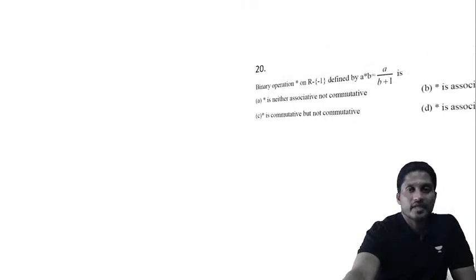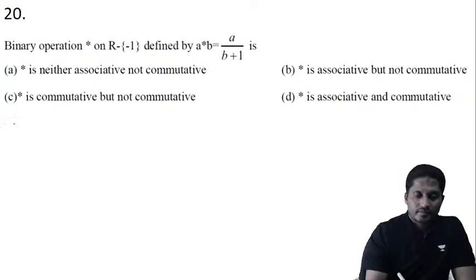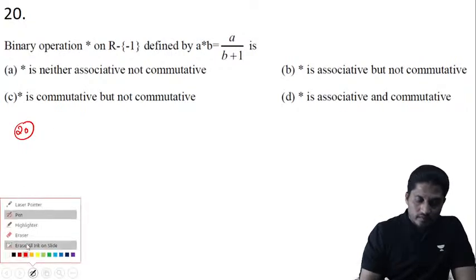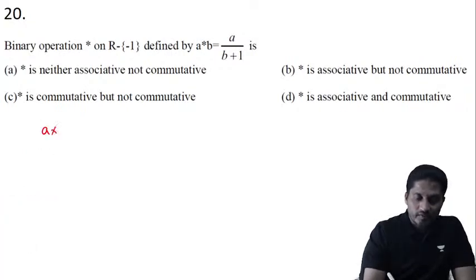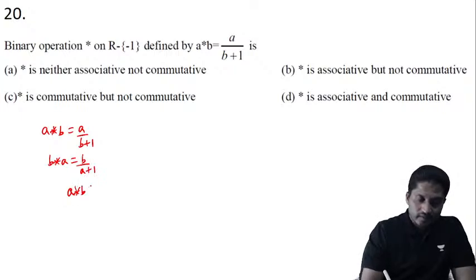Alright, question number 20. A star b is equal to a divided by b plus 1. And b star a is equal to b divided by a plus 1. So a star b is not equal to b star a.